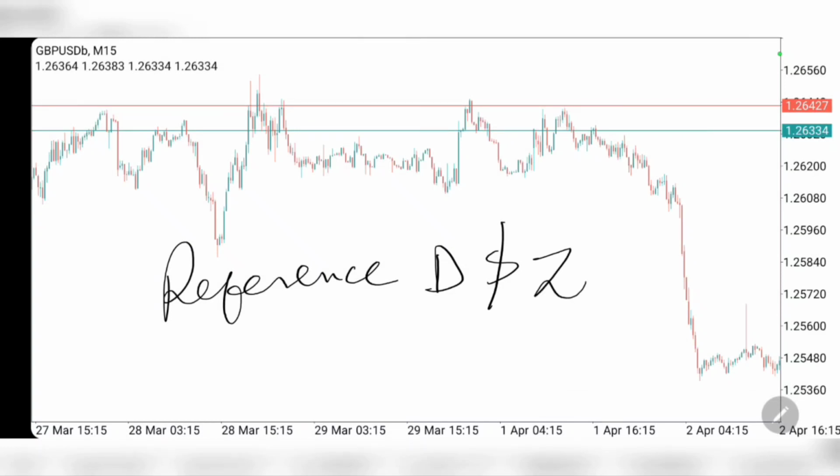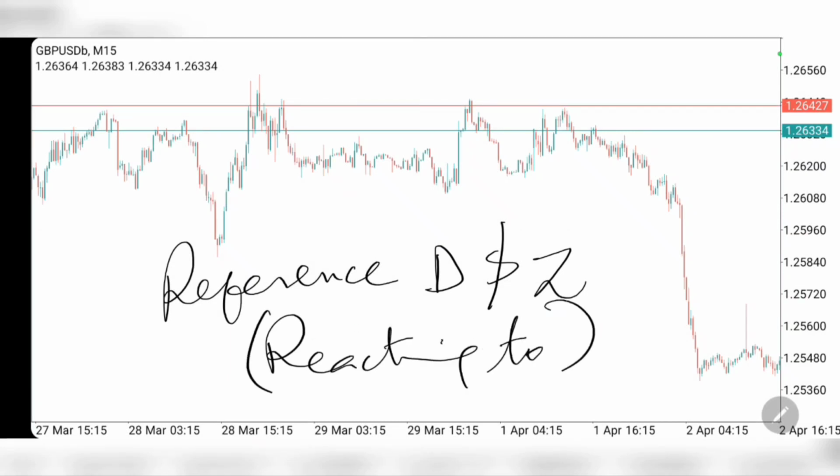Or what is price reacting to? So if you cannot find a reference demand and supply zone, then I don't think you should trade any Quasimodo pattern that you see. There must be a reference demand and supply zone.